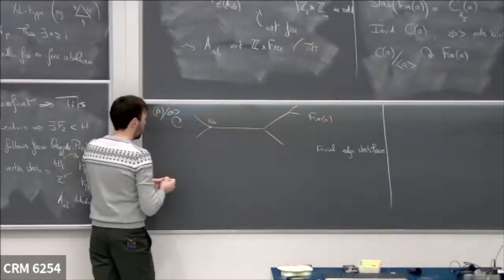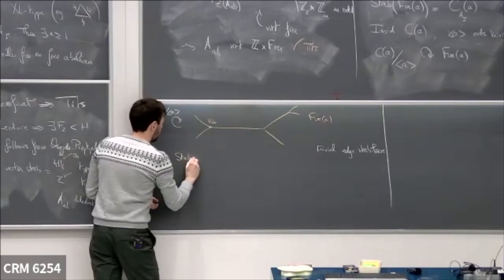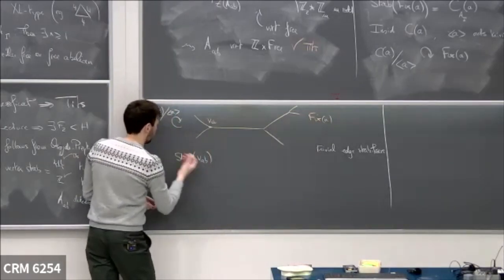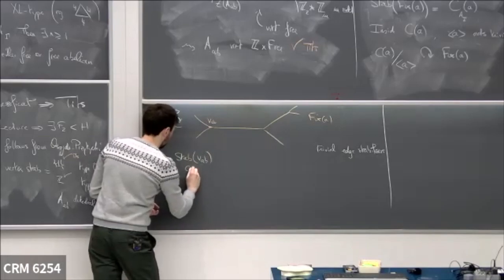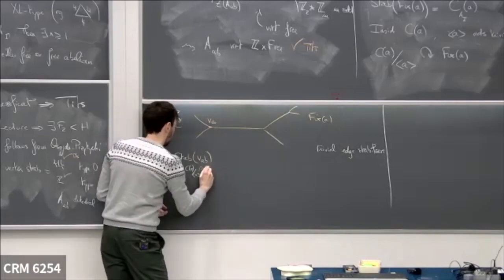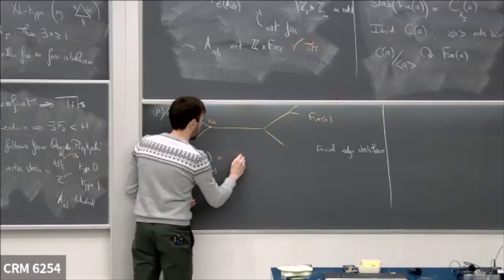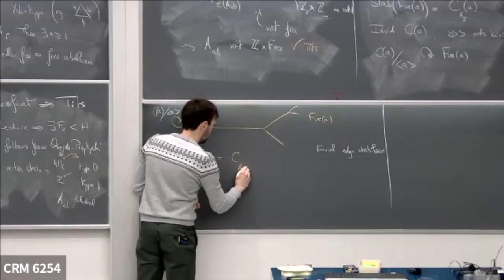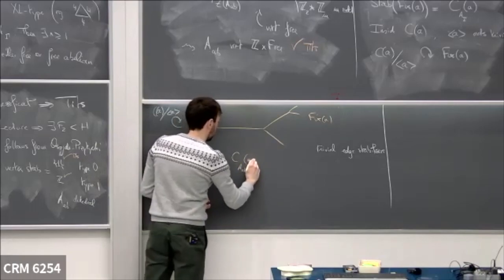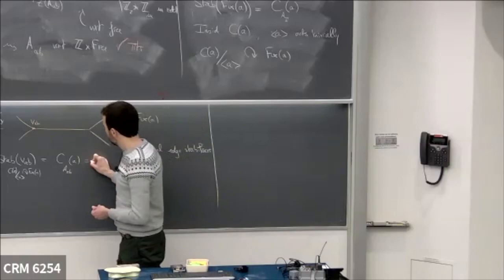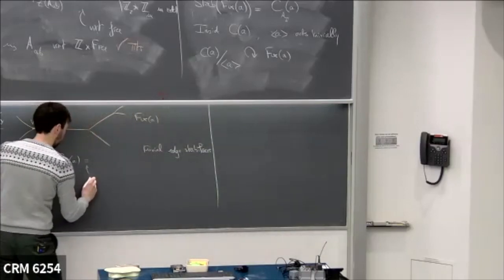The stabilizer of that vertex for this action, so we have to be a bit careful. It's a little exercise to check that it's the centralizer inside the dihedral Artin group of the generator. But if you go back to problem sheet 1, we computed this.